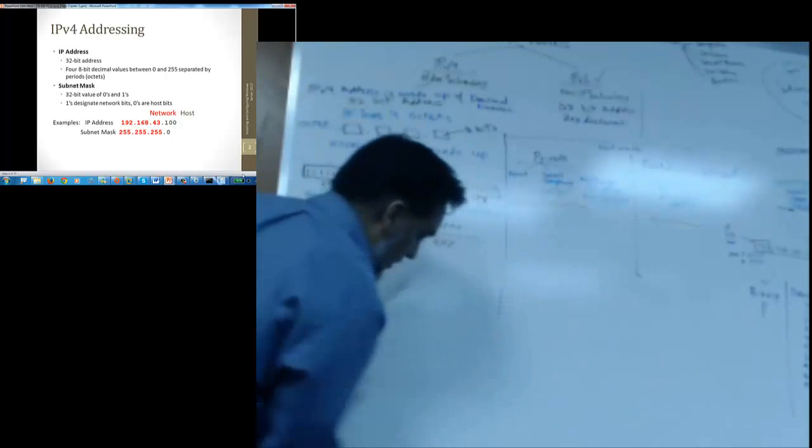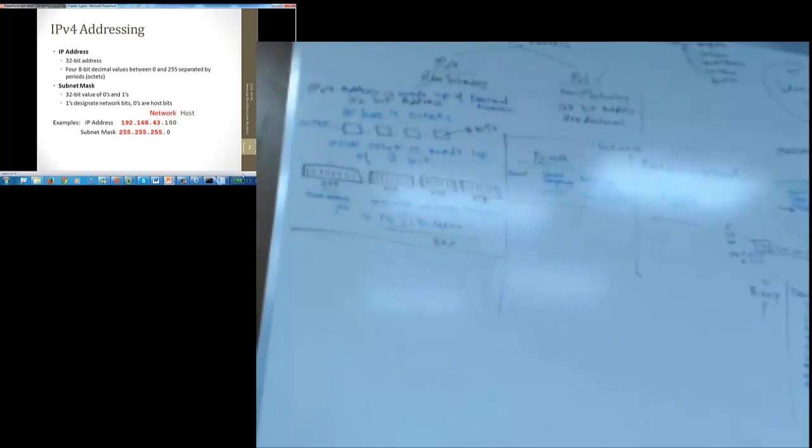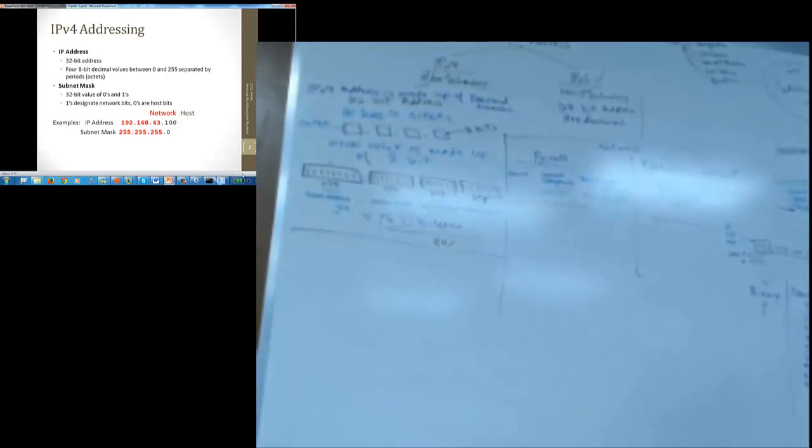Now the second thing they did, they divided the IPs into different types of classes. So what are the different types of classes? Exactly like when we travel, why do they divide people?